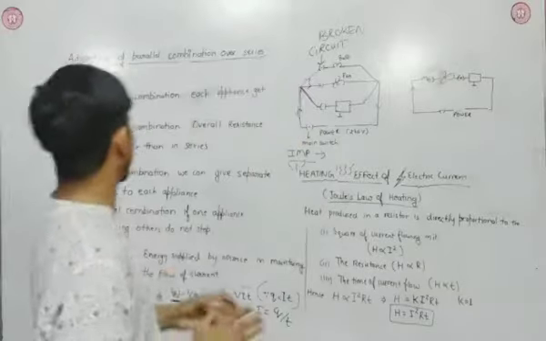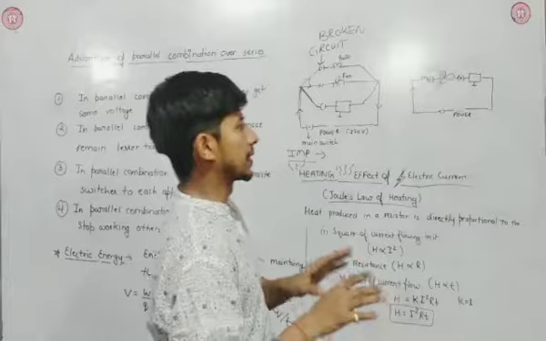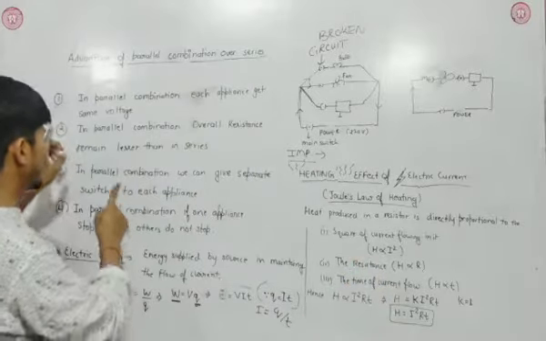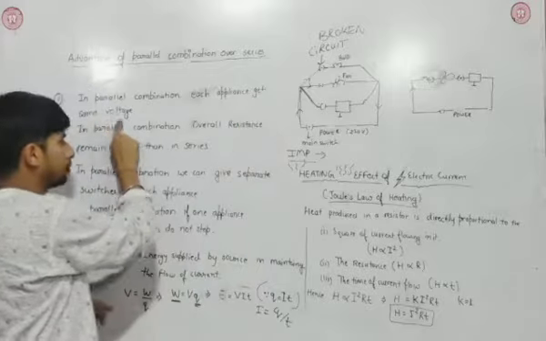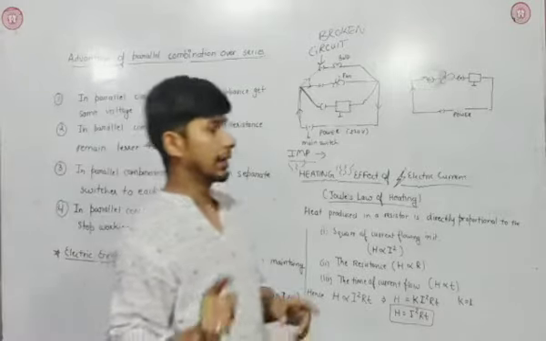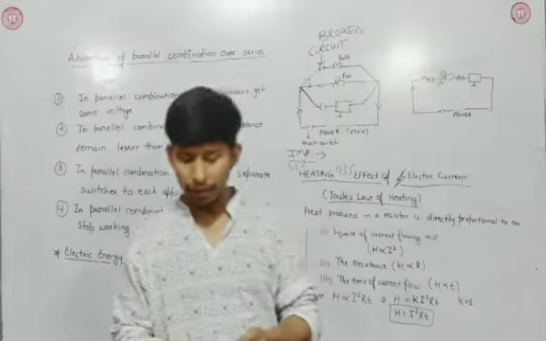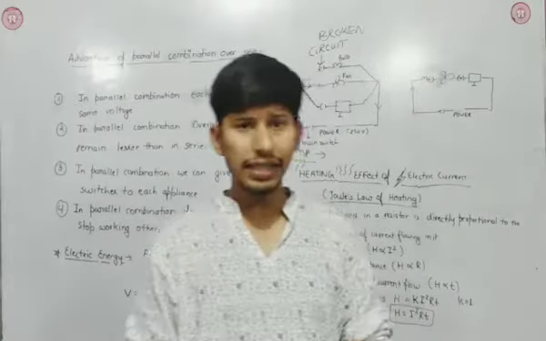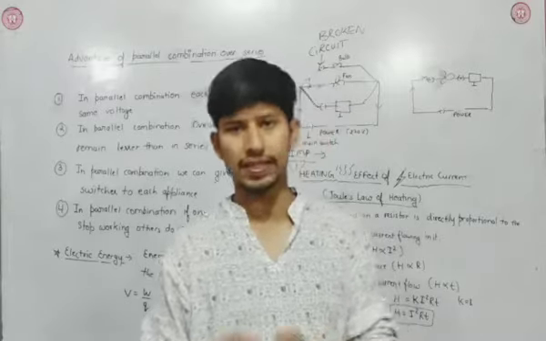Is it clear to you? So what are the advantages of parallel over series? First advantage is that in parallel combination each appliance gets the same voltage. As I told you, all the appliances in our house, be it a TV or a bulb or a rod, each and every appliance gets the same voltage as the source is supplying.